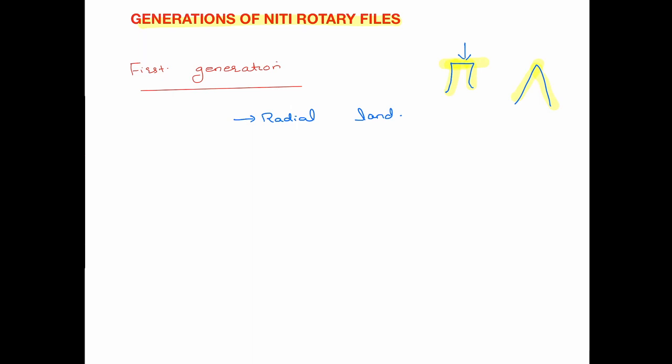Now that's very important. Now the second feature of the first generation, which differs from different generations, is that this group of files had neutral or negative rake angle. And we have studied previously that if you have neutral or negative rake angles, the cutting efficiency is again low.